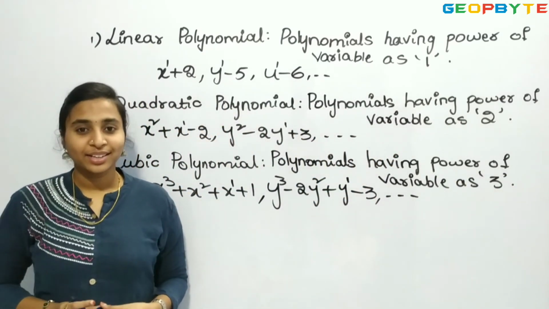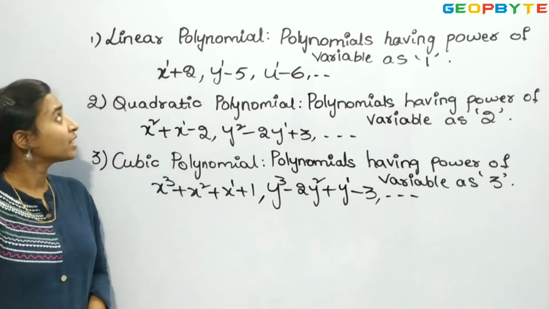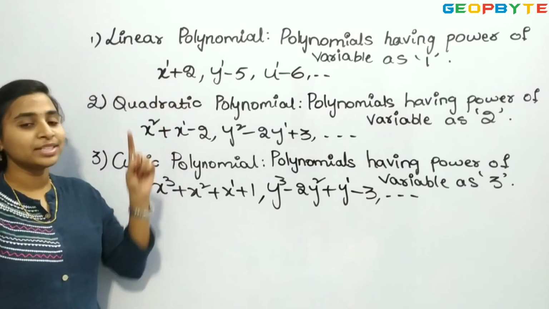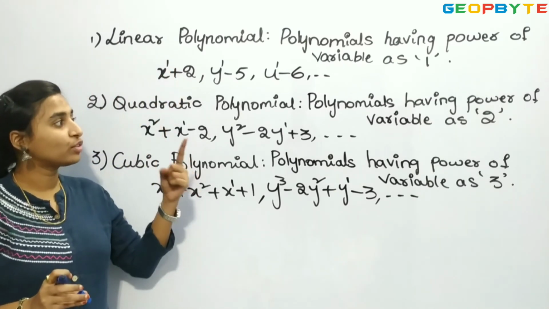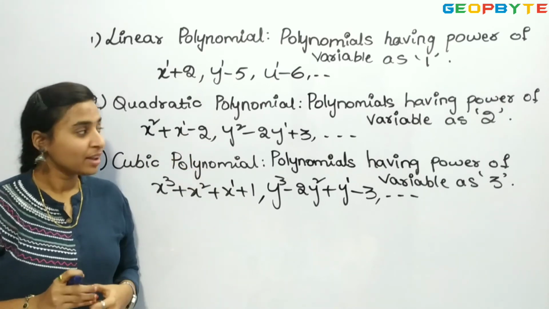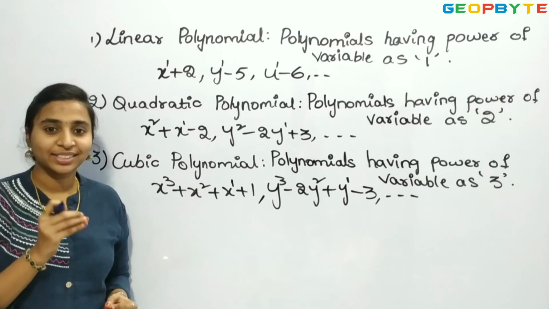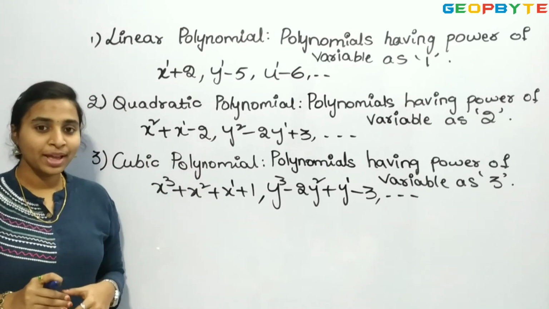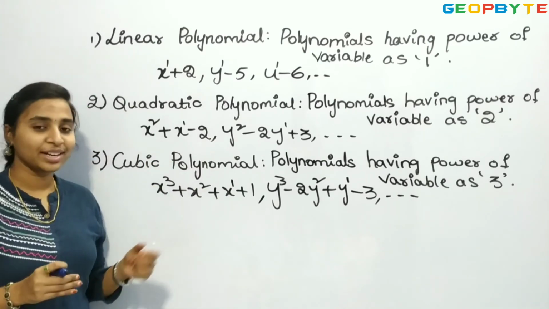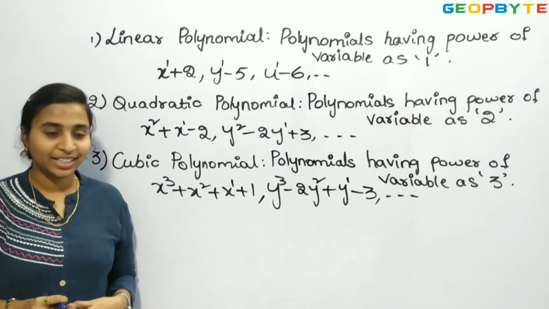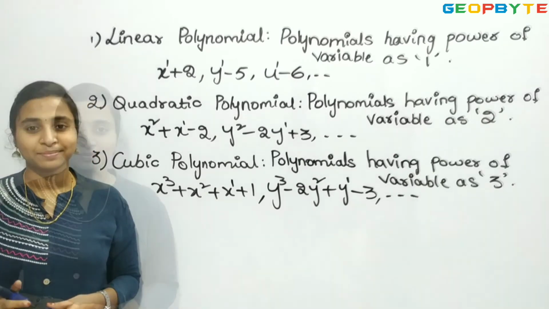Right? These are different types of polynomials. Linear polynomial means polynomials having power of variable as 1. Quadratic polynomials have the highest degree as 2, and cubic polynomials have the highest degree as 3.